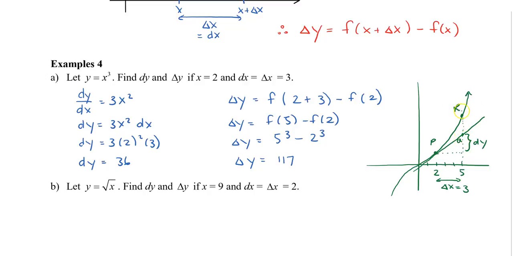I'm going to call this Q and call this R. So my delta y is this distance here, which is 117. Remember that delta y is the change in the y direction on the curve, whereas dy is the vertical change in the tangent line. So dy is the vertical change in the tangent line, and delta y is the change in the graph.